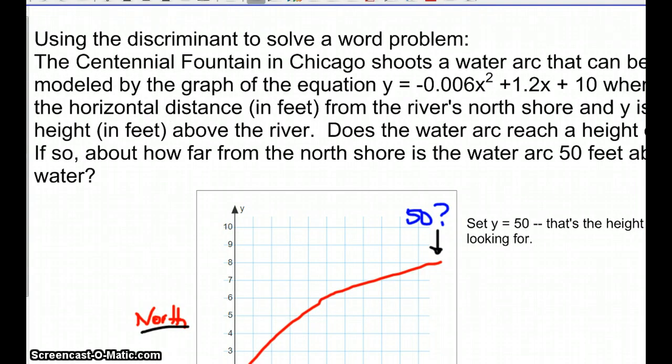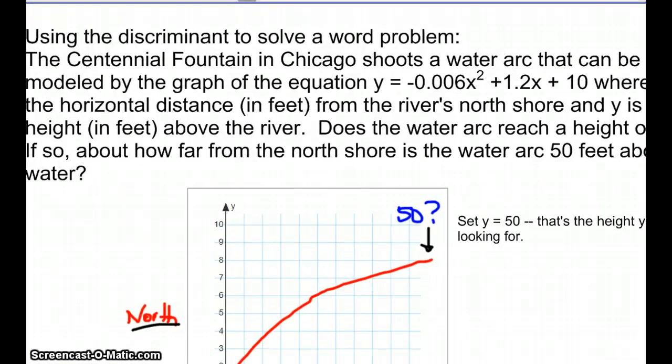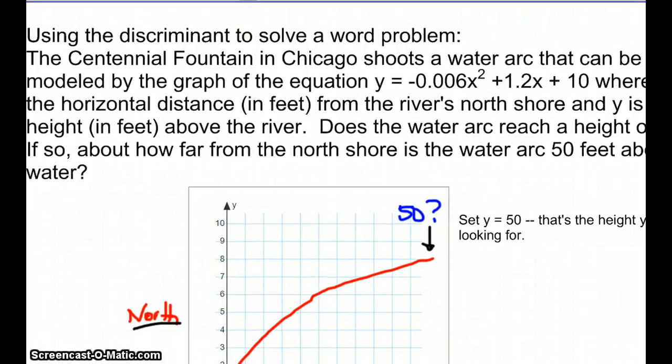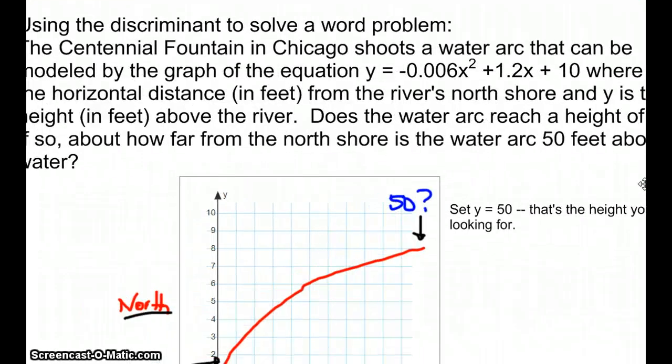What we want to know is, does the water arc reach a height of 50 feet? If it does, how far from the north shore is the water arc 50 feet above the water?